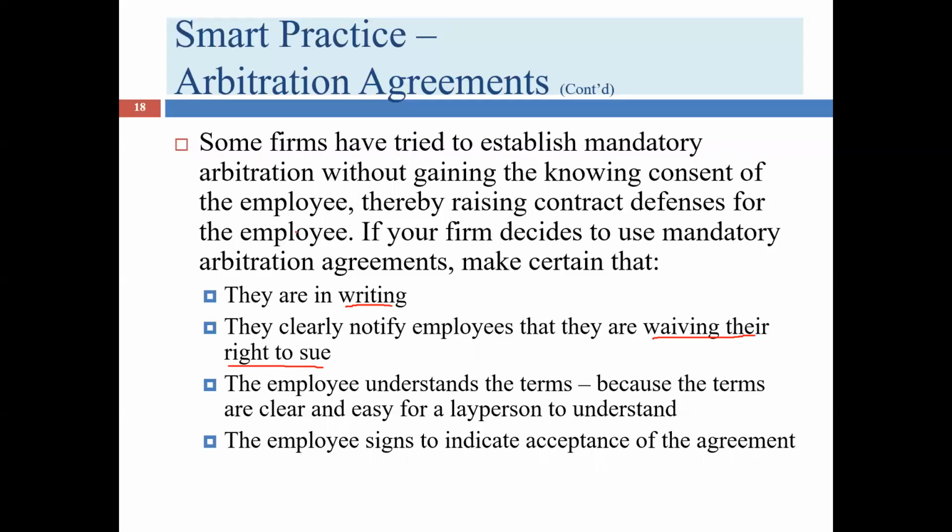You want to have it written in a way that it's easy for a layperson to understand. If you are going to roll this program out to lower level folks, perhaps folks who don't have a college background, or maybe even haven't graduated from high school, then you're going to want to make the language even more simple, because you don't want it to be able to be said, well, I didn't know that word that you wrote there.